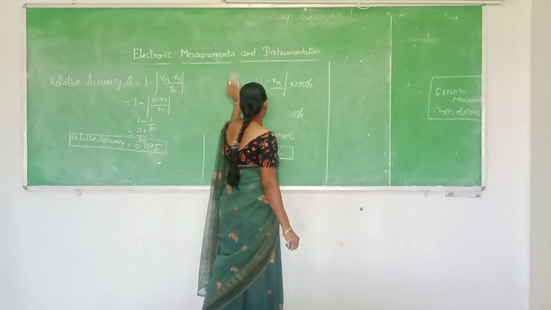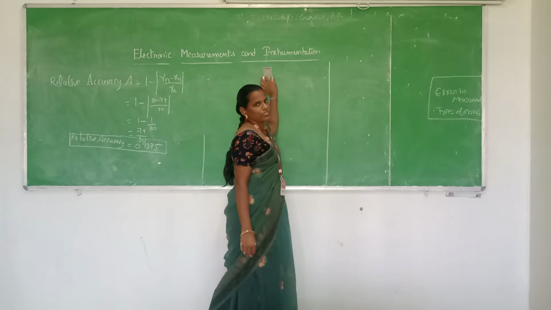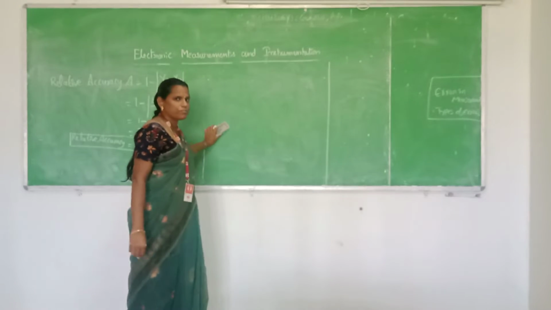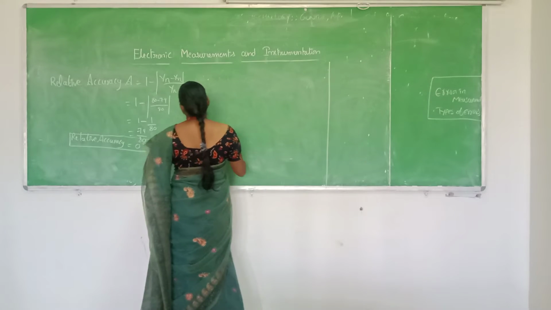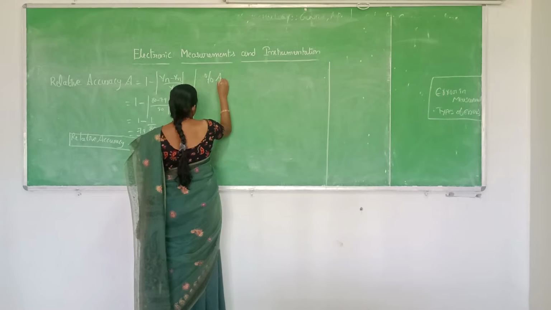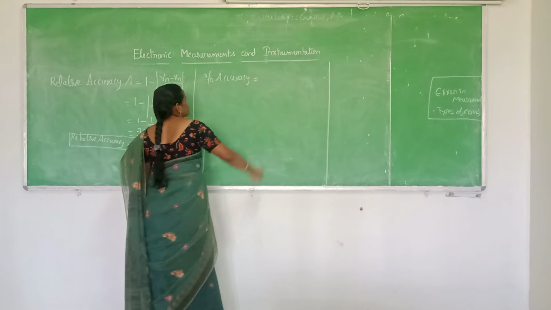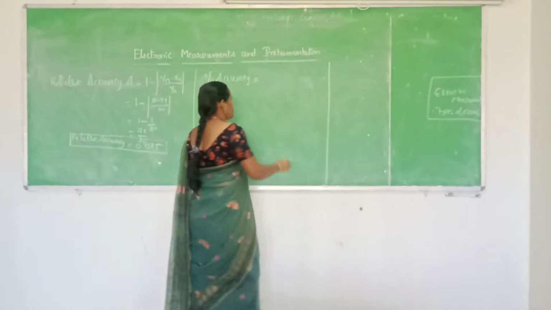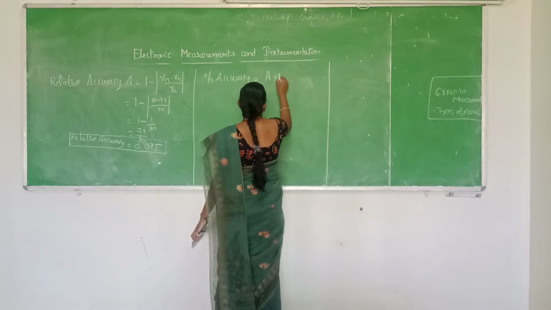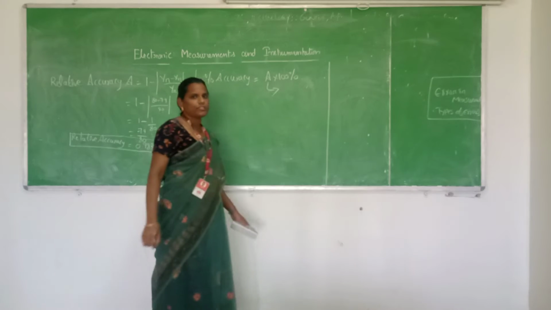The formula for the percentage of accuracy is A into 100 percent, where A is the relative accuracy.